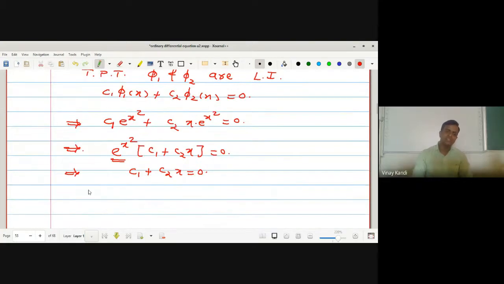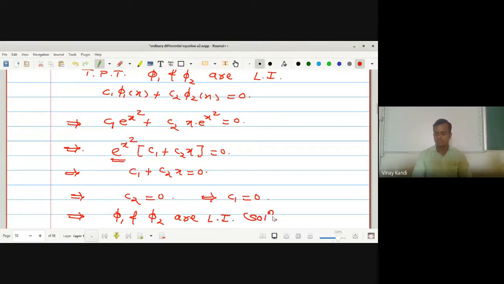Now differentiate with respect to x, we get C2 is equal to 0. Now putting this value in this equation implies C1 is equal to 0. It implies that phi 1 and phi 2 are linearly independent solutions.